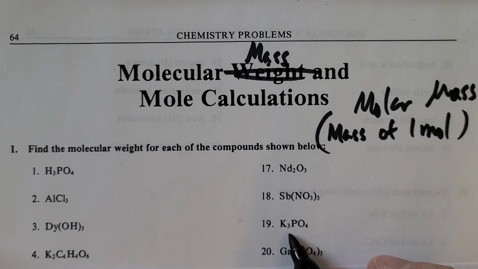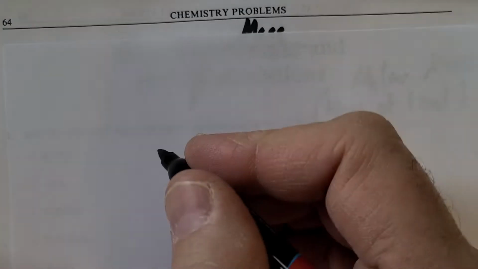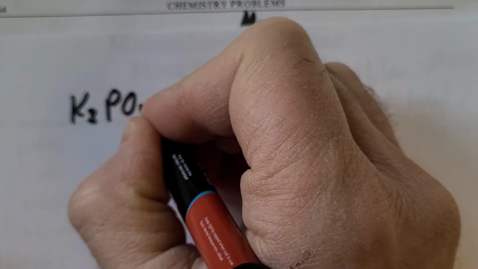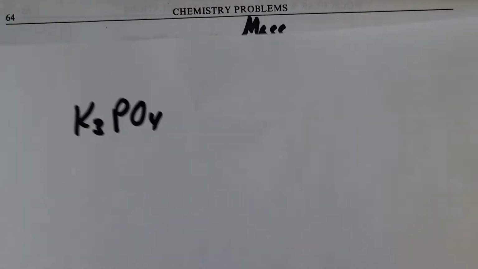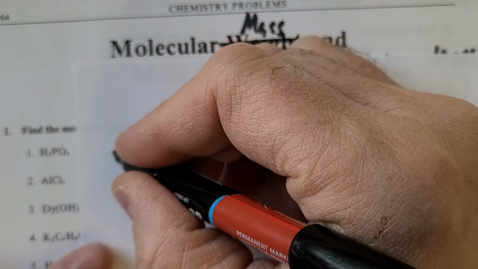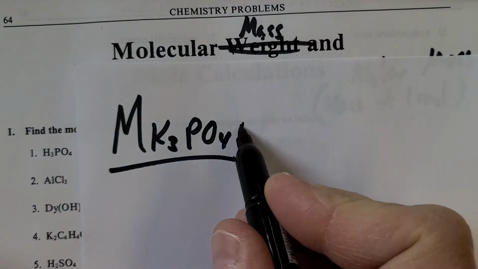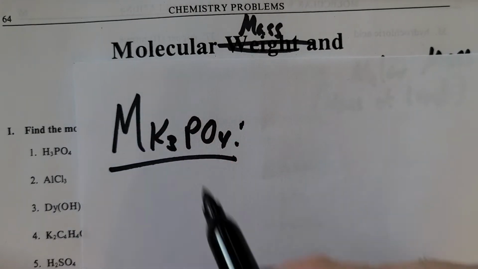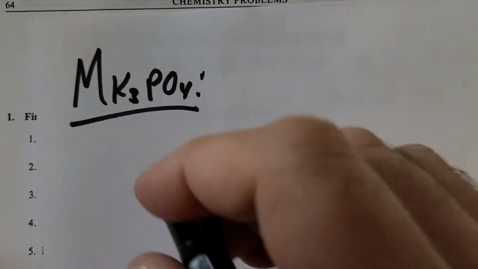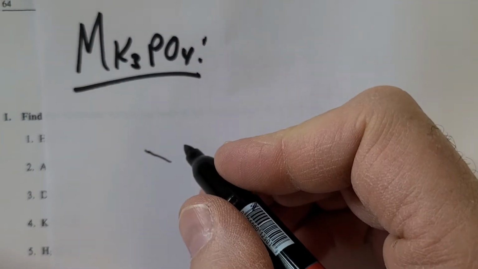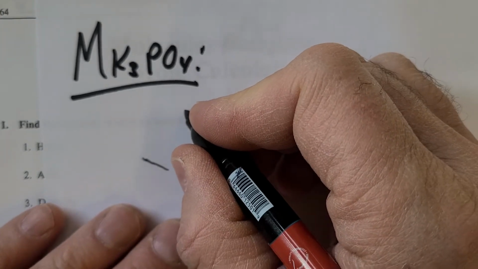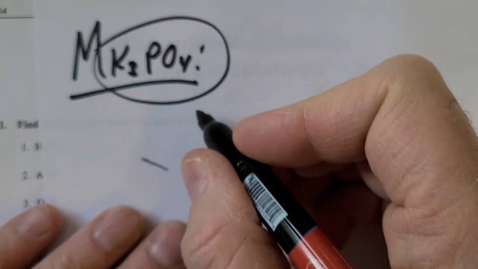So if we were looking at potassium phosphate, K3PO4, and if we were figuring out the molar mass, if you recall from physical science, quite often what we do is we put a big M in front of that, and that big M means figuring out the molar mass of that.